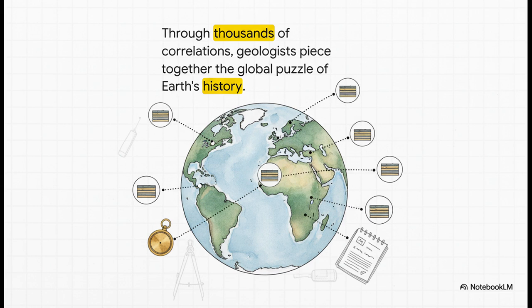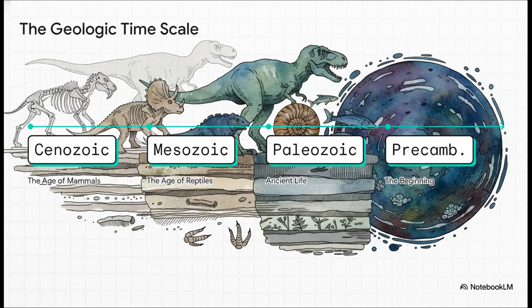Every single match adds one more piece to this gigantic global puzzle. And this is the incredible result of all that work, the geologic timescale. I mean, think about it. This is one of humanity's greatest achievements, a complete timeline built not from written records, but from clues in rock and fossils, stretching back billions of years, all the way from the age of mammals, through the dinosaurs, and way, way back to the planet's very beginnings.